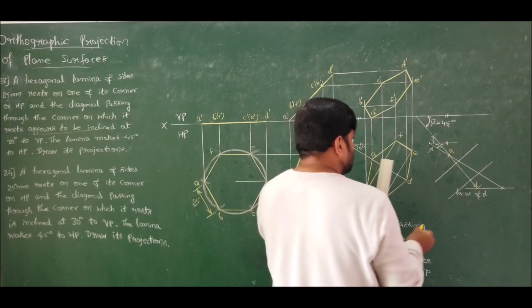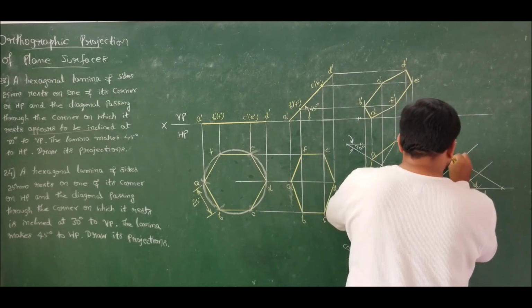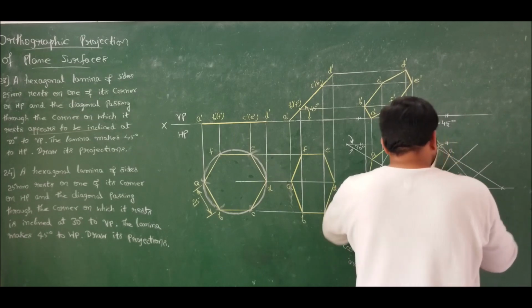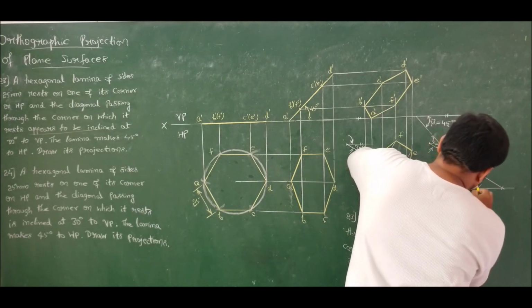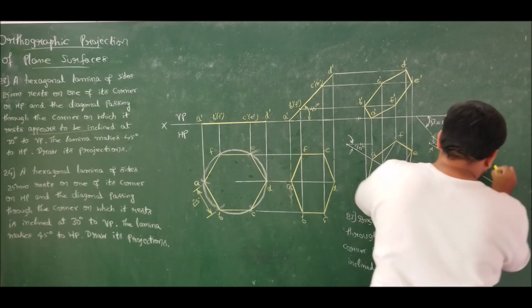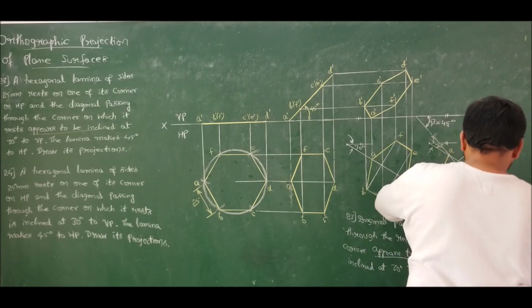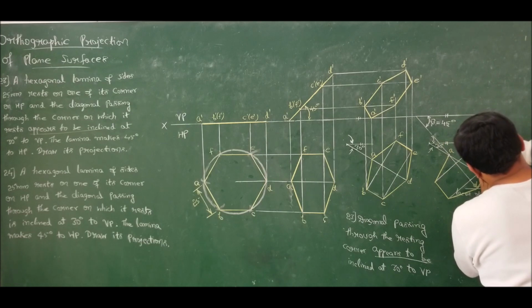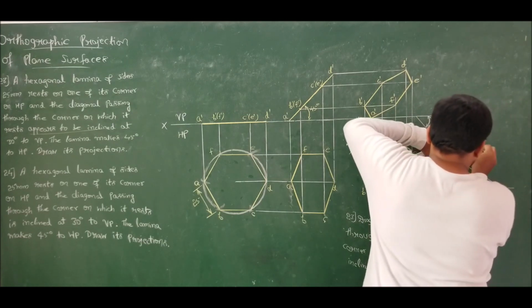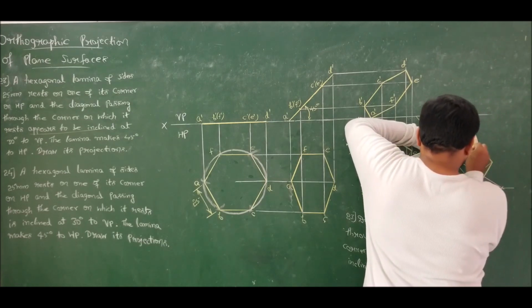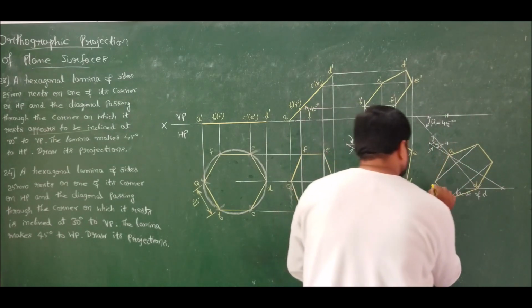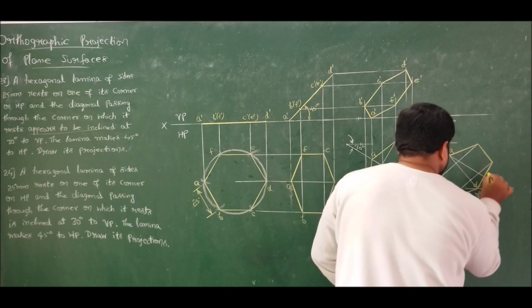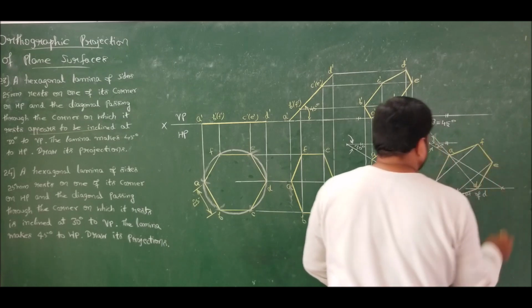Now connect these corners to complete the sketch. So A to B, B to C, C to D, D to E, E to F, and F to A. So we have A, B, C, D, E and F.